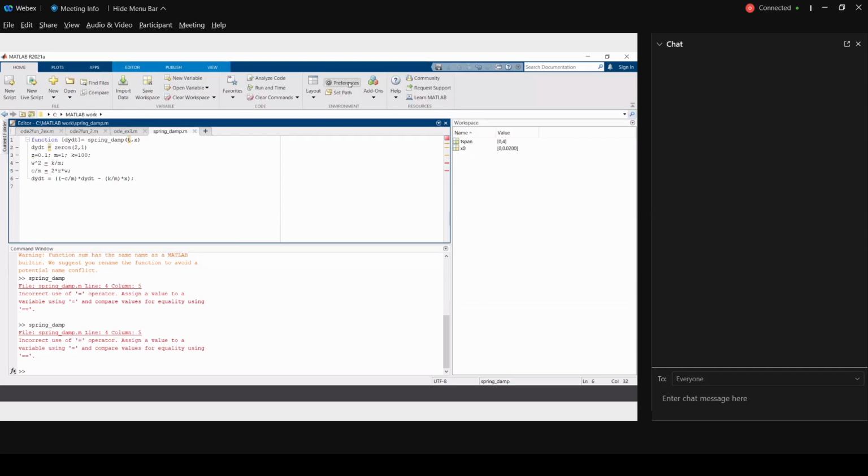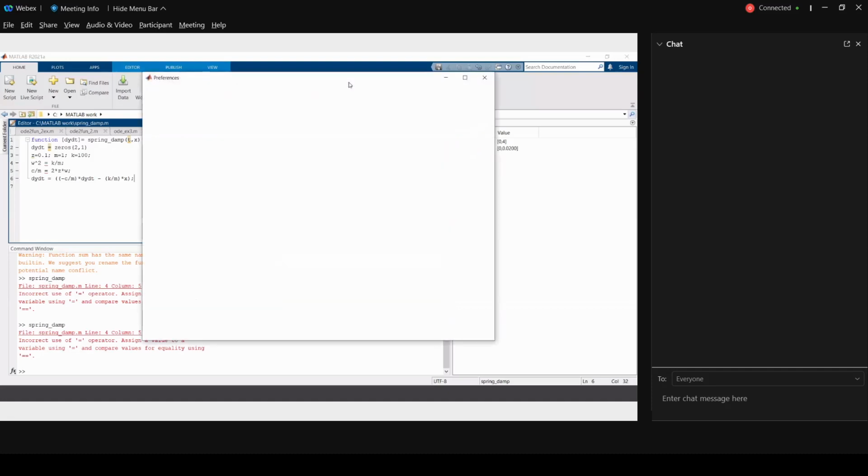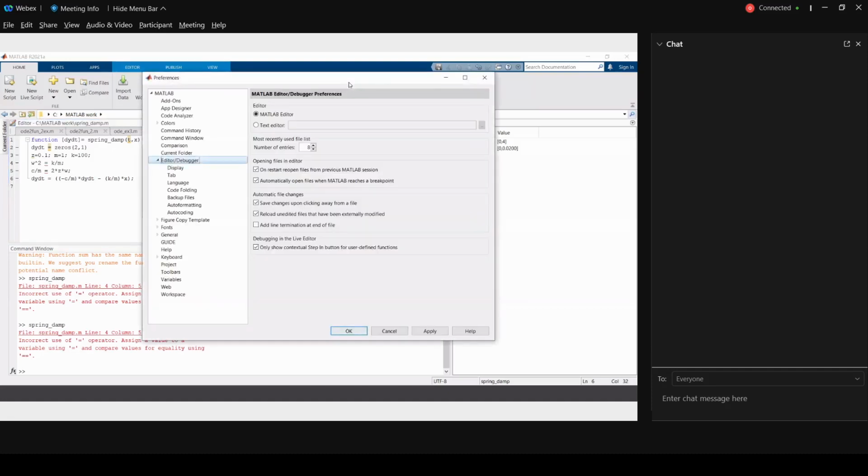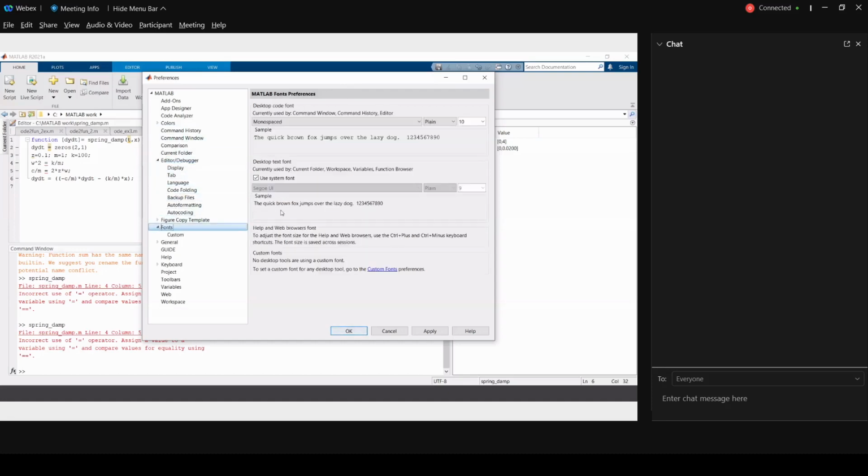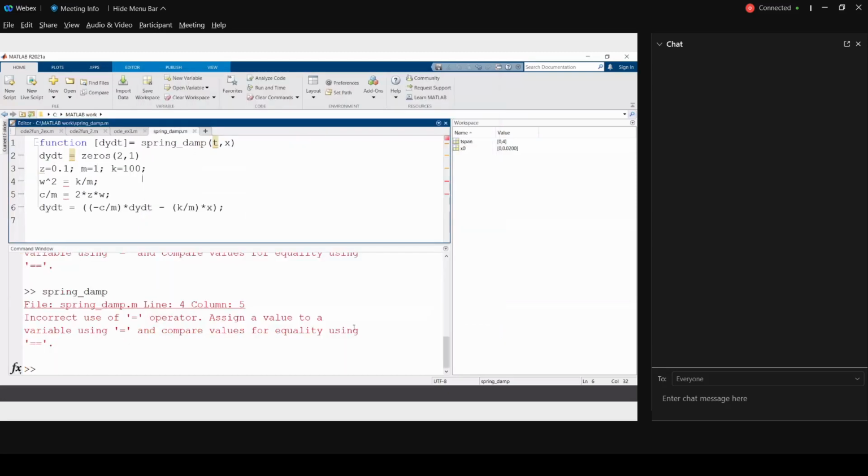Click. Here you will see Font on the left hand side. Come down. There, Font. Here you will see monospaced 10. Make it 18 or 16. Apply. Okay, fine.